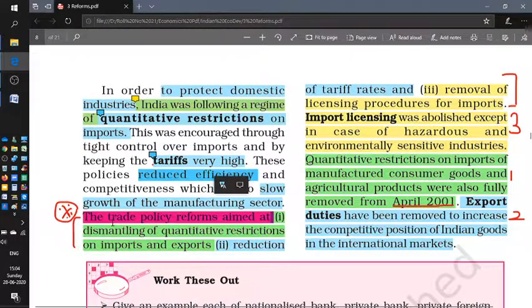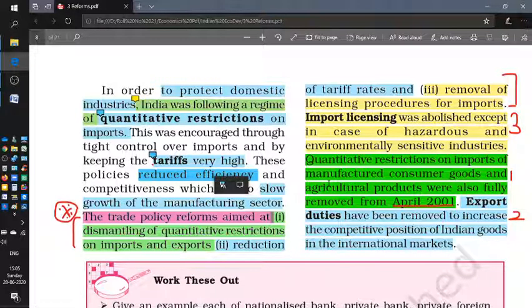So what do we need to do? Number one is dismantling of QRs on imports and exports. Remove this QR altogether. Quantitative restrictions on imports of manufactured consumer goods, the goods that we use at home, manufactured by industries, and agricultural products, products produced by agriculture.